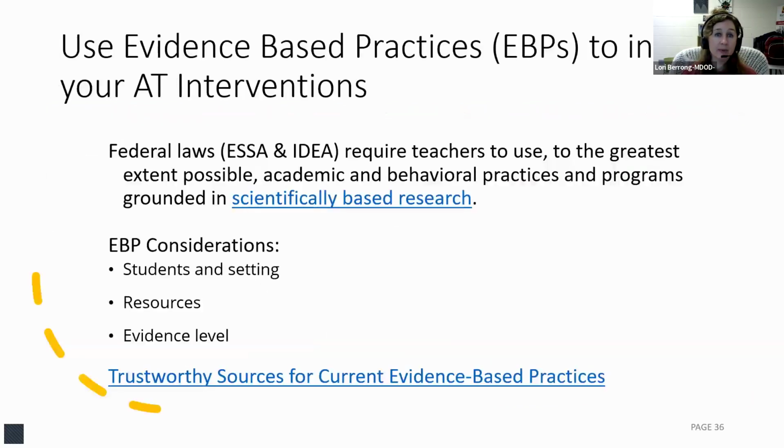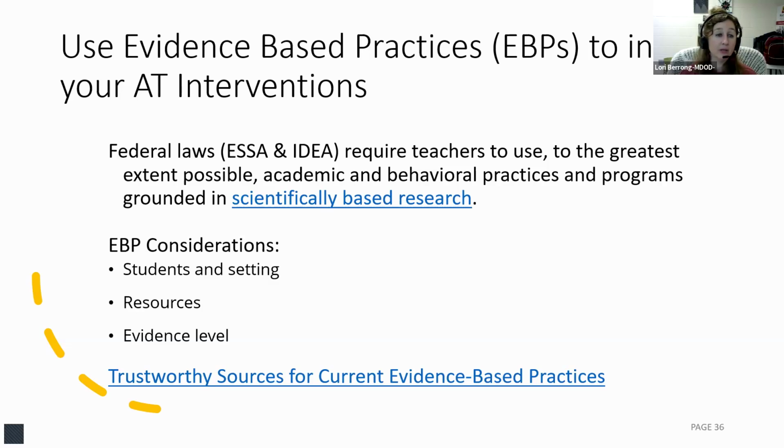One thing I really like to talk about is using evidence-based practices to inform interventions. ESSA, or Every Student Succeeds, and IDEA both require teachers to use academic and behavioral practices and programs grounded in scientifically based research.